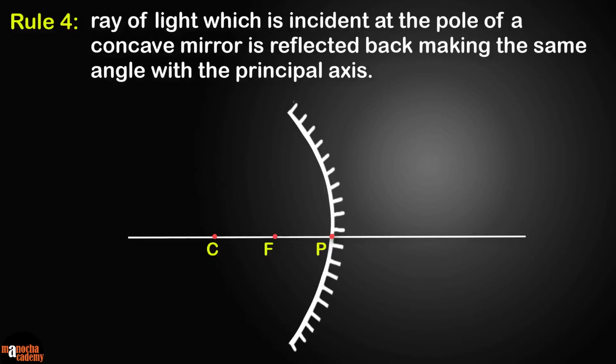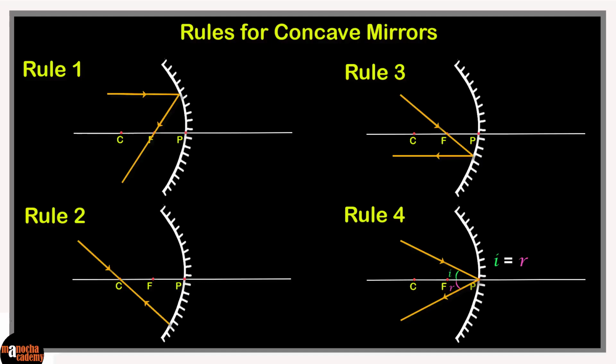A ray of light which is incident at the pole of a concave mirror is reflected back, making the same angle with the principal axis. It looks like a plane mirror type of diagram since the principal axis is like the normal here and the angle of incidence is equal to the angle of reflection. Let's place the 4 rules that we have learned for concave mirrors on our concept board.